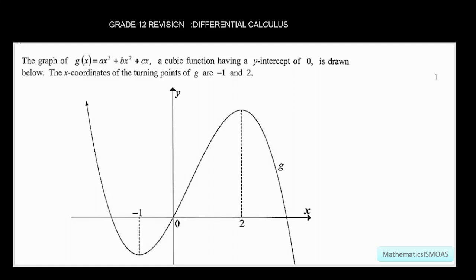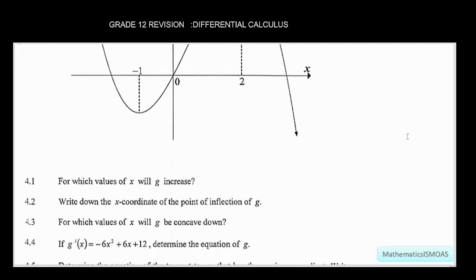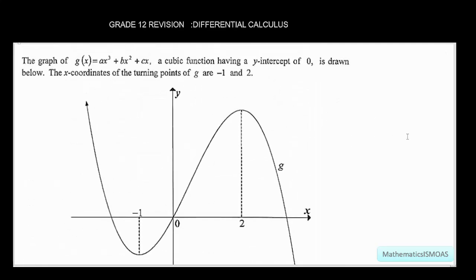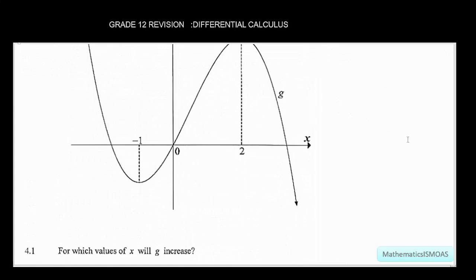So we know that our y-intercept is 0. It is drawn below. The x-coordinates of the turning points of g are -1 and 2. Those are our x-coordinates of the turning points, -1 and 2.